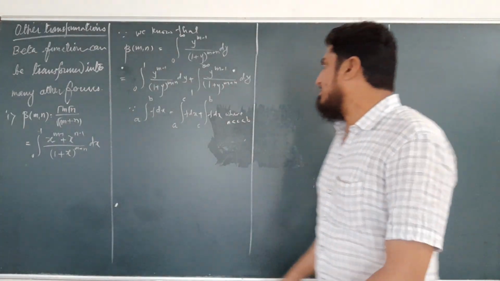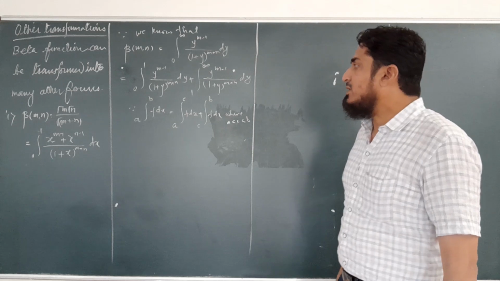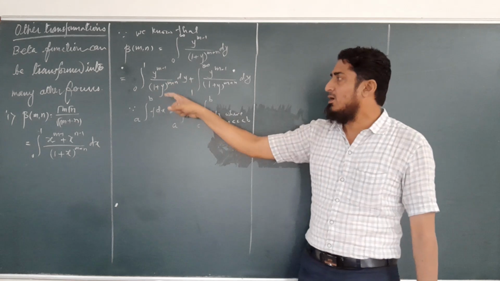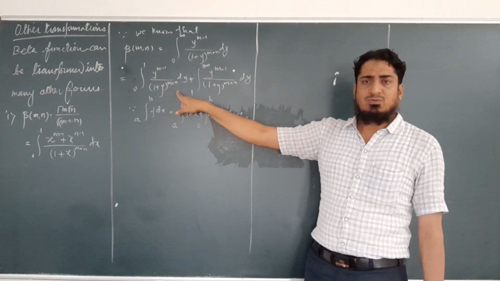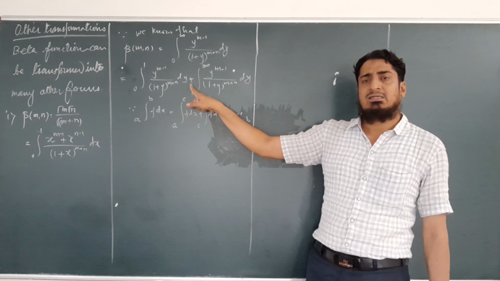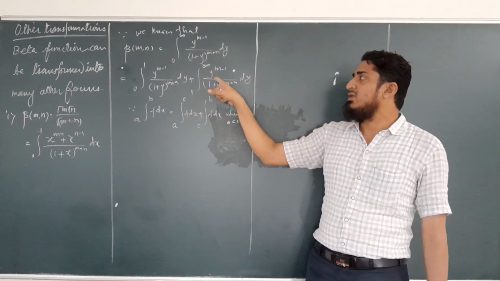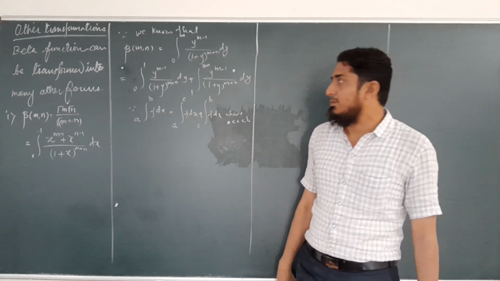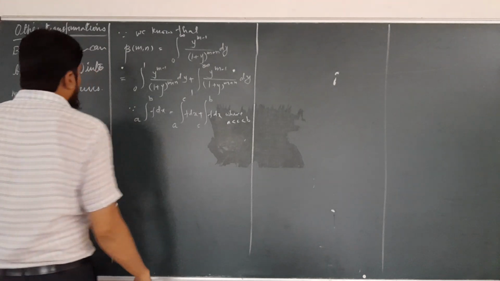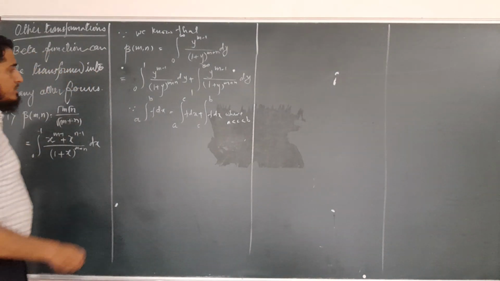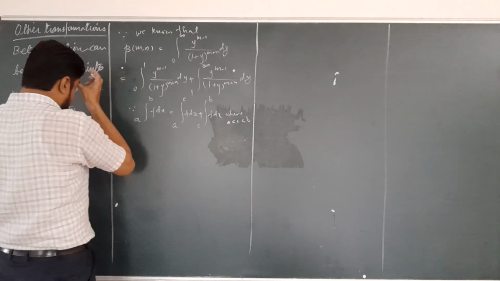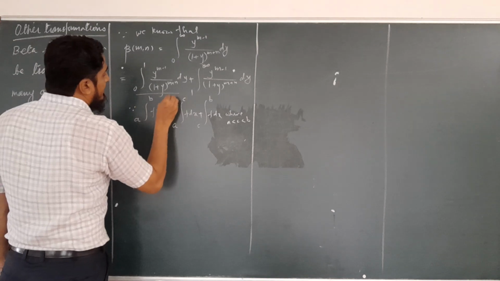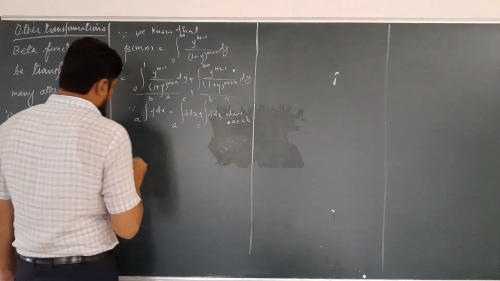So we can make two integrals: integration from 0 to 1 y raised to n minus 1 upon 1 plus y raised to m plus n dy plus integration from 1 to infinity y raised to n minus 1 upon 1 plus y raised to m plus n dy. Correct. Now we will try to solve this equation. It is our part A and this is our part B.